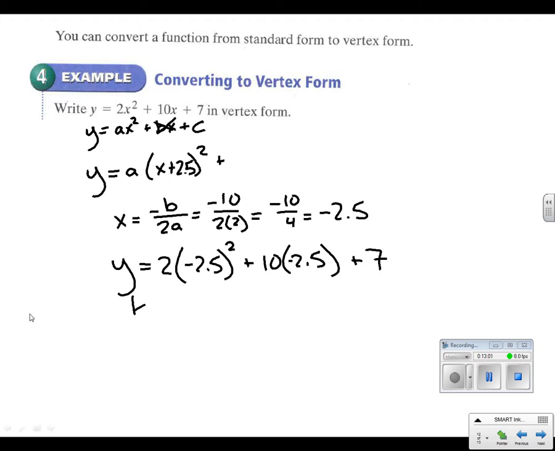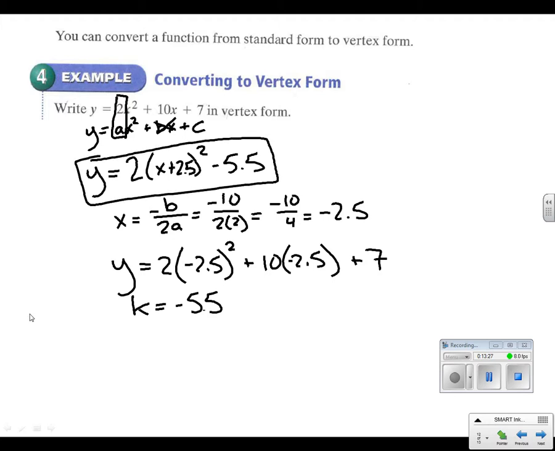So that's our k value, the y value of the vertex, right? So we can plug in minus 5.5 right here. And all we're left to do is plug in an a, and thankfully we already know what a is. a comes from the standard form. It's the same a, so we can put a 2 right in there, and we've got it.